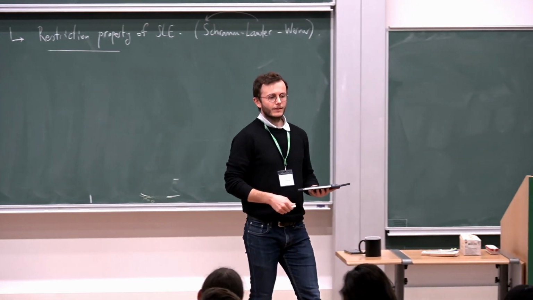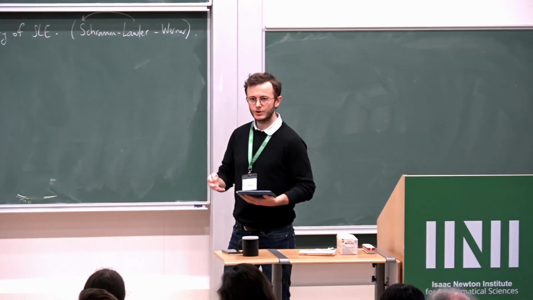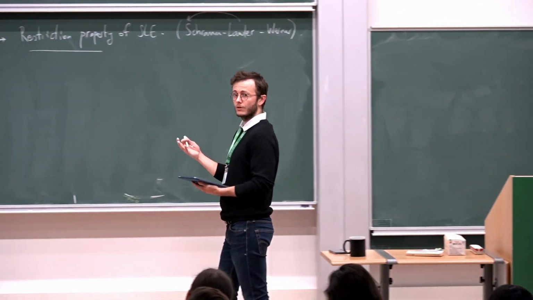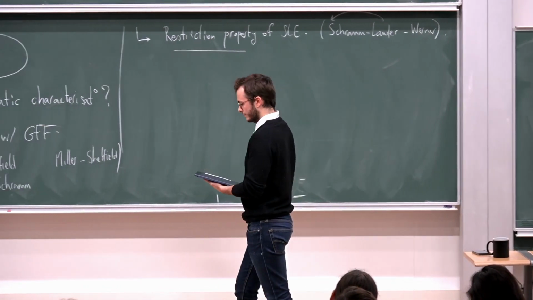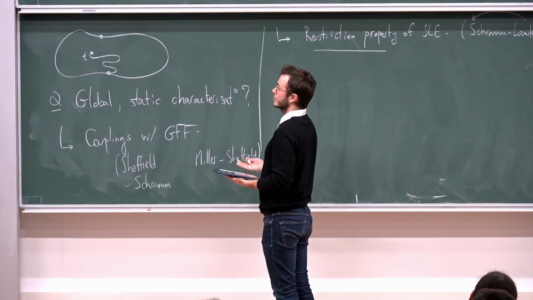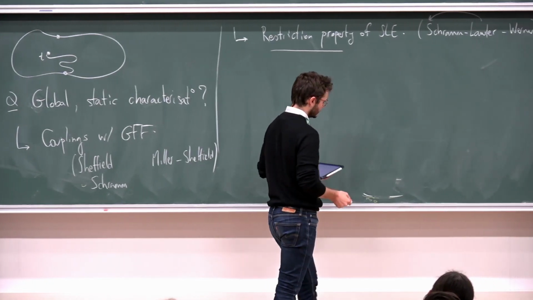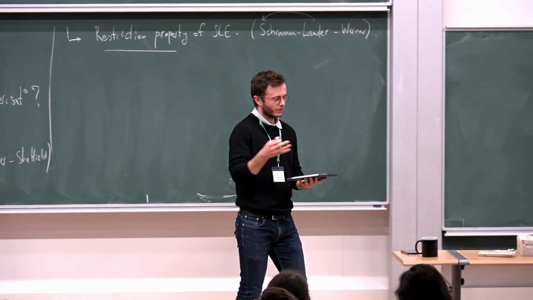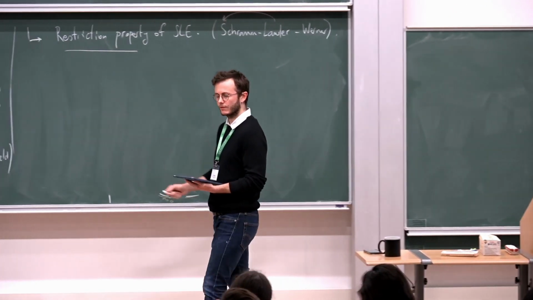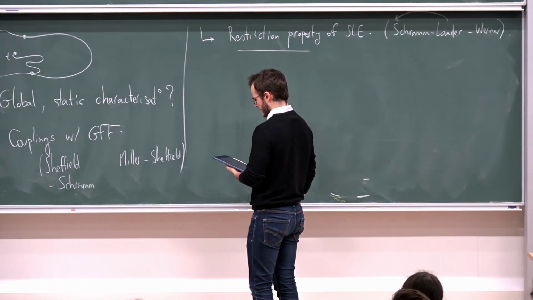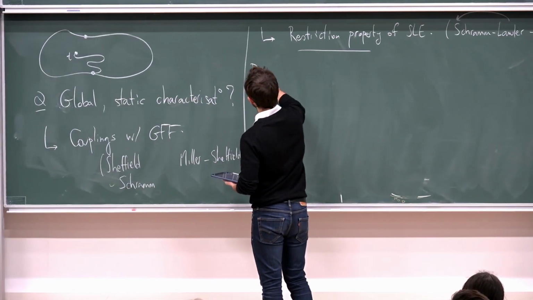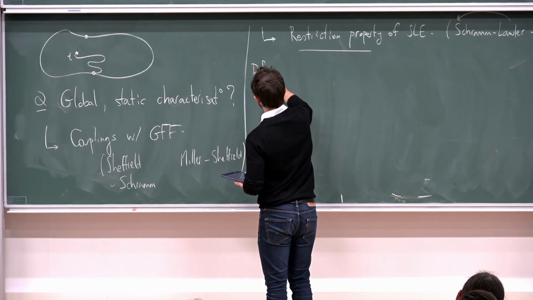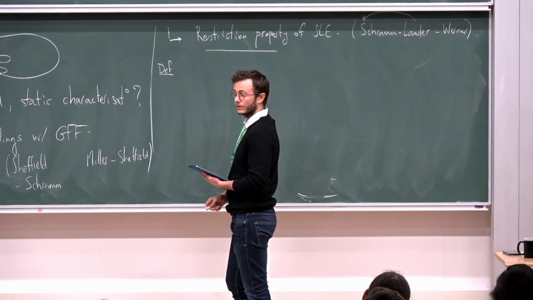When you have loops, you have more symmetries, so in a way the overall story will be a bit nicer. And also, you could argue that they are even more natural than chordal curves. So I'm going to give a definition of what I call a restriction measure.